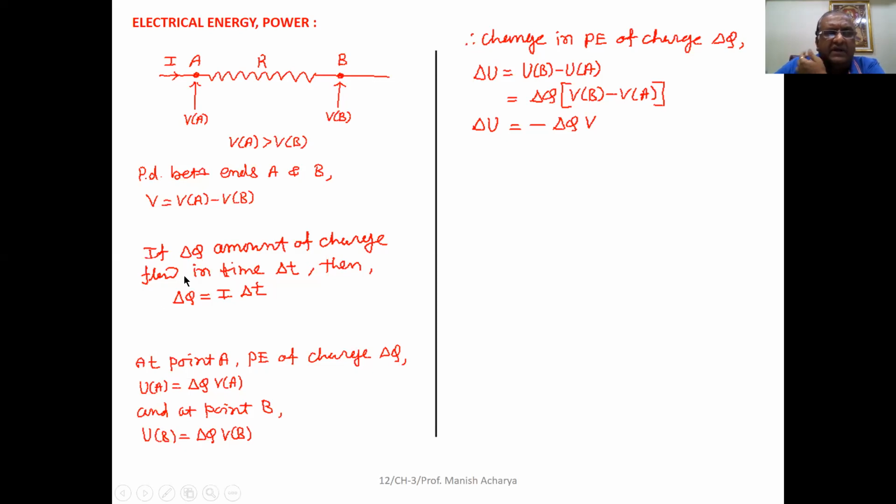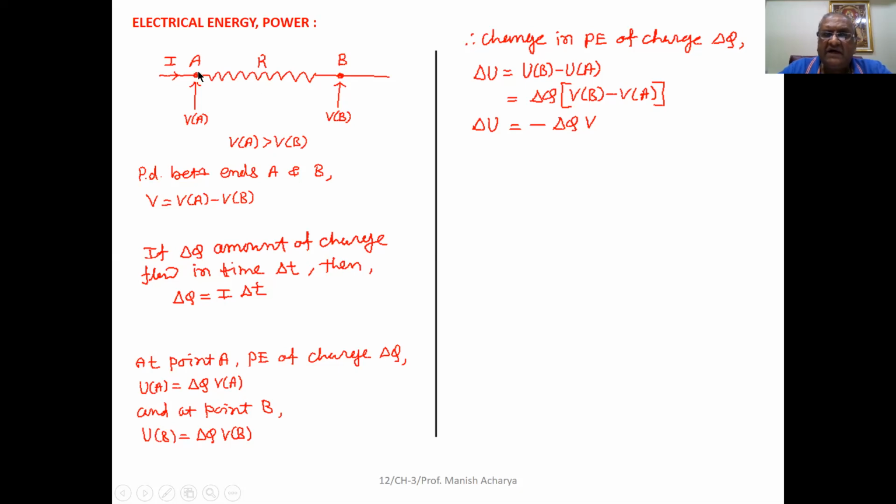Now suppose delta Q amount of charge is flowing in time delta T, which constitutes this current I, then we can write delta Q is I into delta T. Now, when this delta Q amount of charge is at terminal A, where the potential is VA, the potential energy of charge delta Q at terminal A, UA, is equal to delta Q into VA.